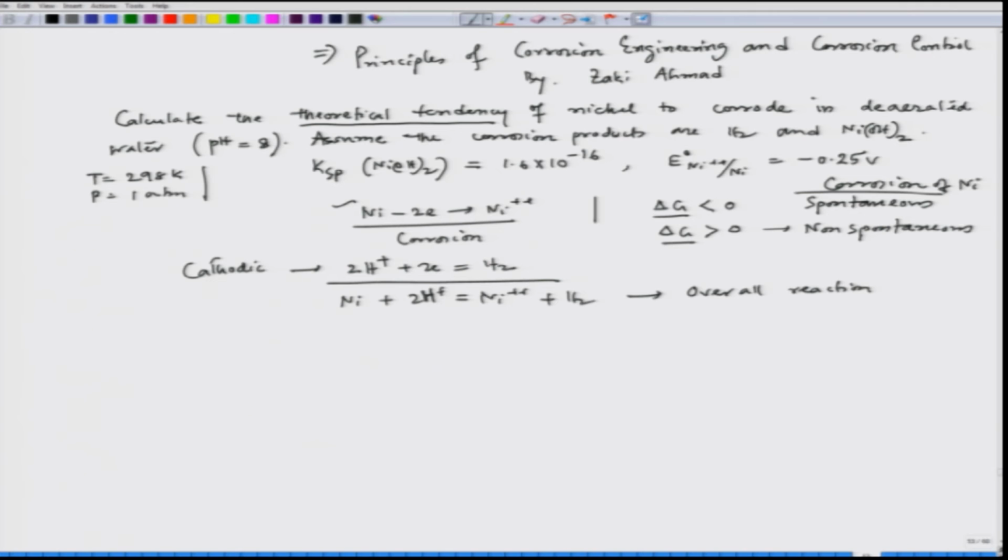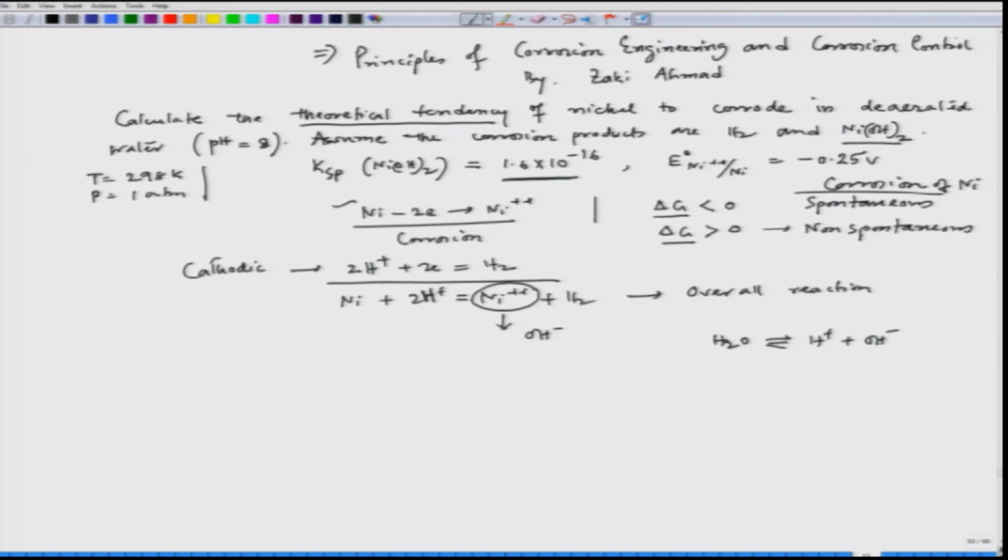But in addition to this, we see that Ni(OH)2 is forming, and it has a very low solubility product. That means this Ni plus plus will react with OH minus that is there in the water system already, because water can also dissociate: H2O goes to H plus plus OH minus.